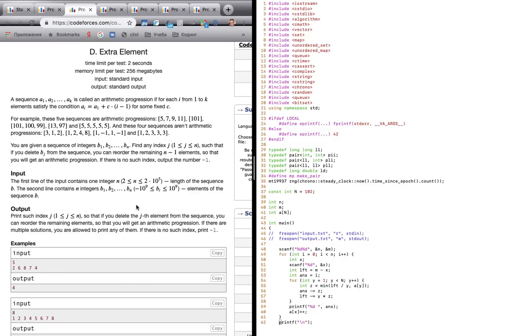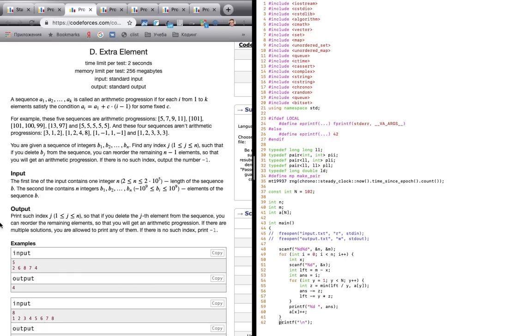Well, I think it's kind of easy. We can sort everything from the beginning. Then we will remove one number from the sorted sequence, and the differences between consecutive elements should all be equal. So what can we do?